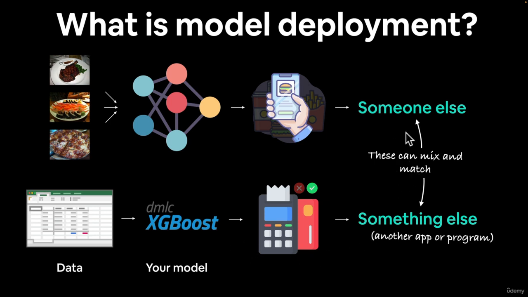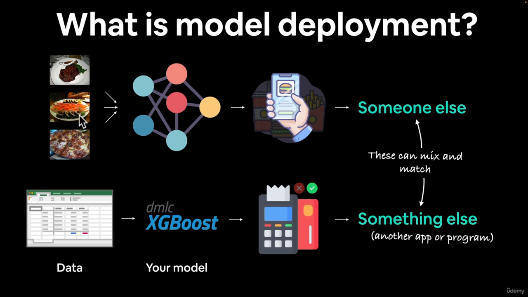But of course, as you can see, these can mix and match, because really this model here is also interacting with someone else, because we would experience it if the transaction was blocked, if we were trying to purchase something. And this here could also be used by another program if, say, for example, you wanted to track the images where your computer vision model, our Food Vision Mini model, was wrong.